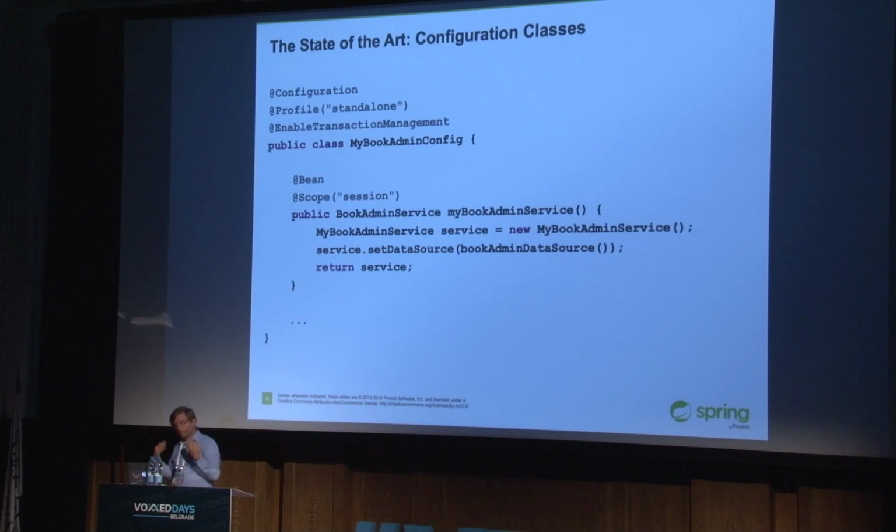There is a pretty elaborate conditional model behind this. So @Conditional is actually a dynamic mechanism. You can have a condition implementation associated with a class where you can dynamically react to the runtime context. You can try to find out whether other beans are present or not present, whether certain settings are set or not set, whether you're running on a certain JVM or not. So condition classes are a dynamic model where you can programmatically implement an algorithm to decide whether certain components are to be registered or to be skipped.